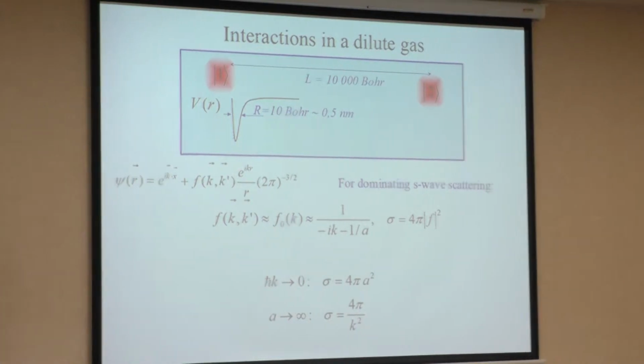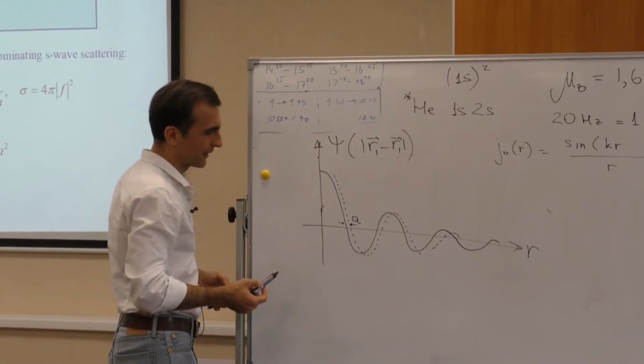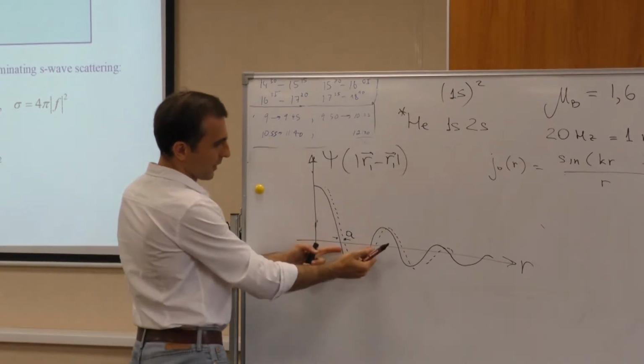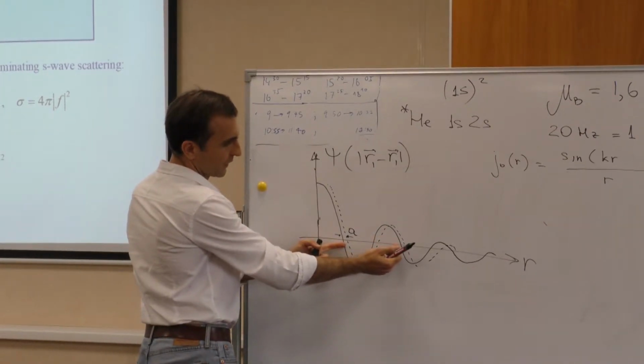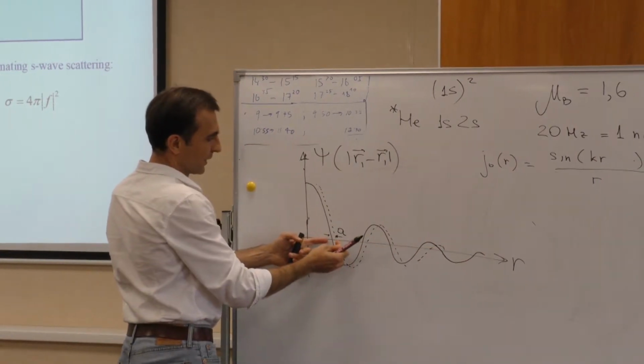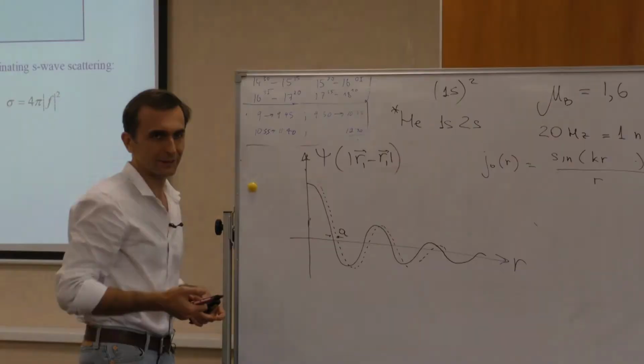Well, how to make A go to infinity? Of course, in this picture, A is finite, but for very low momentum, the period of the oscillations becomes very large, and together with k going to 0, A can become infinite.